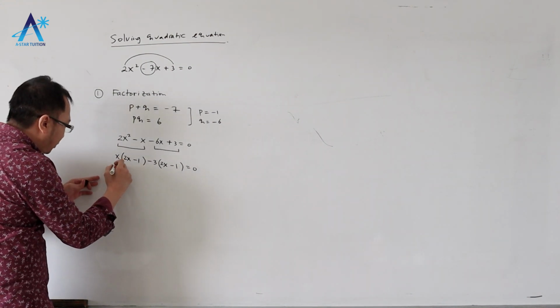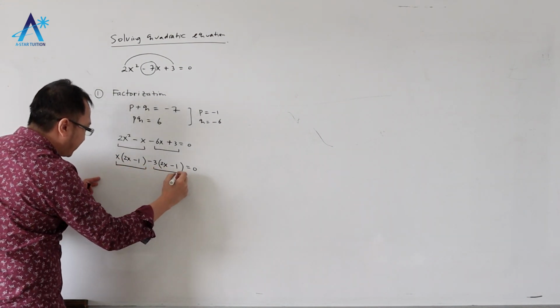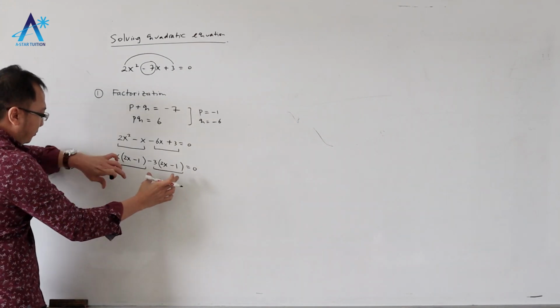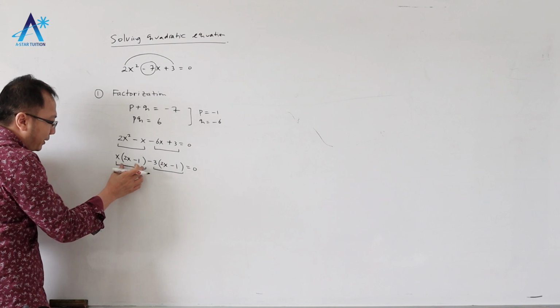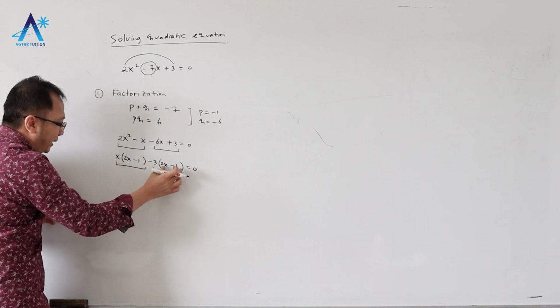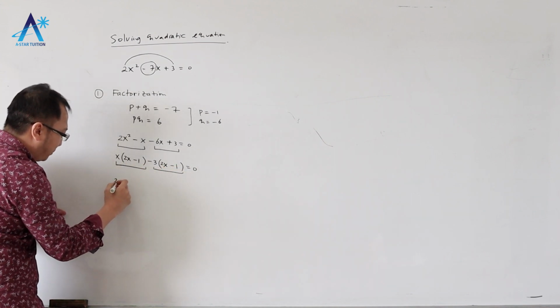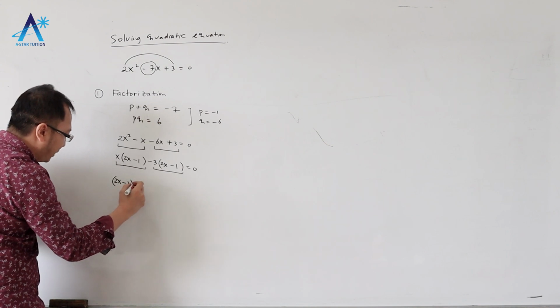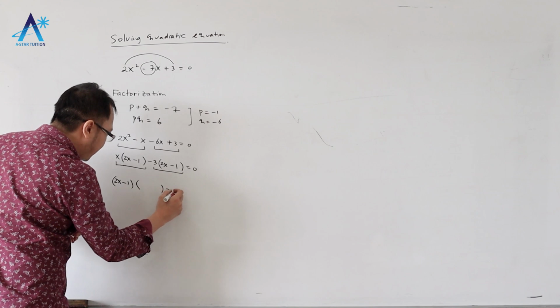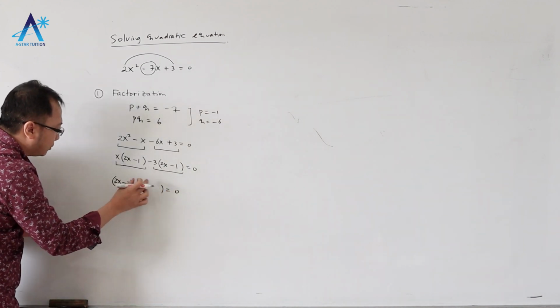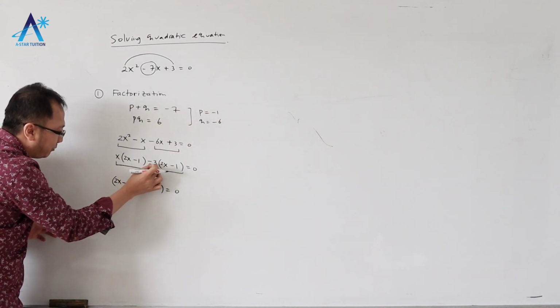Then we will also factorize the common terms from these two terms. They both have 2x minus 1 in common, so we will pull 2x minus 1 out as well, and the terms remaining inside the bracket will be x minus 3 right here.